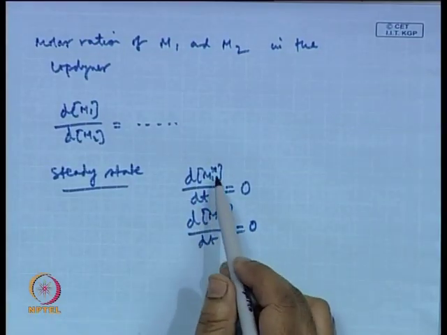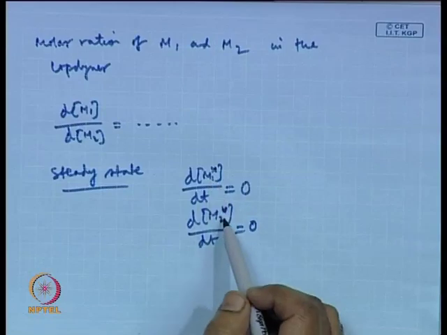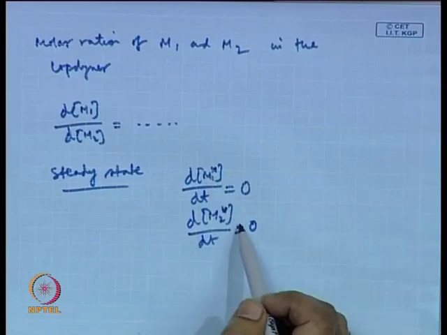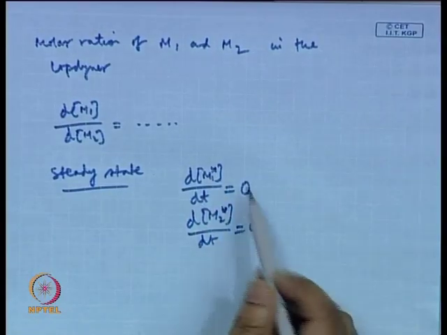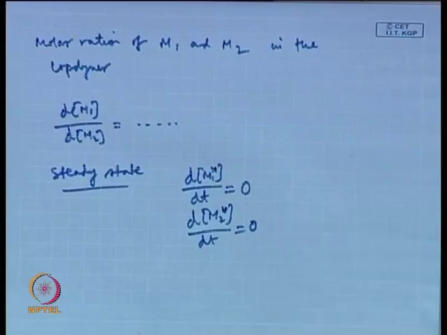At its steady state, the concentration of M1 and M2 star remains constant. So, the rate of change is actually 0 at steady state.